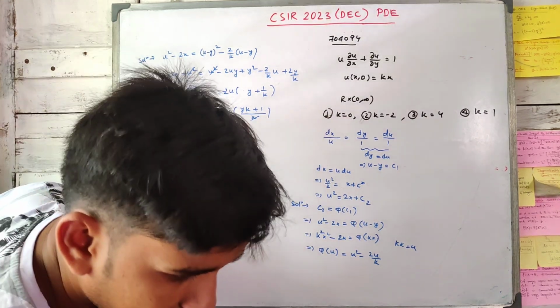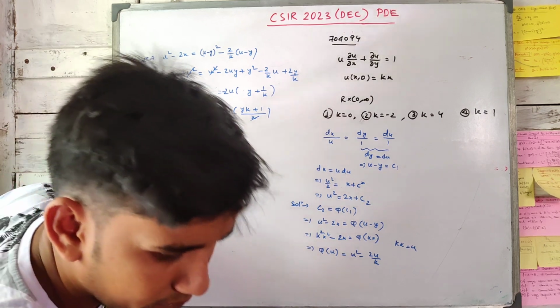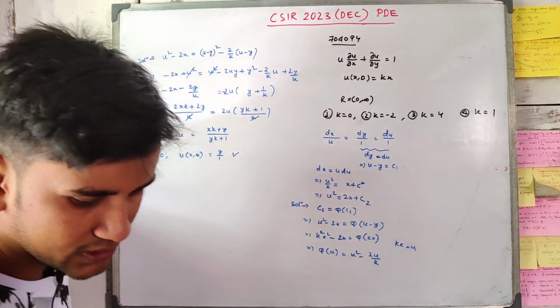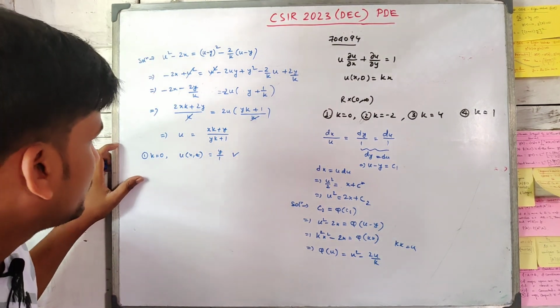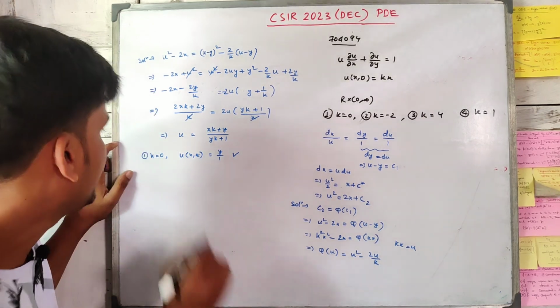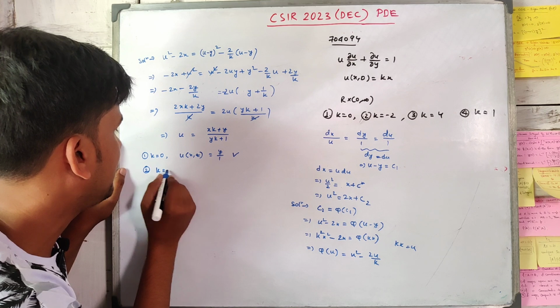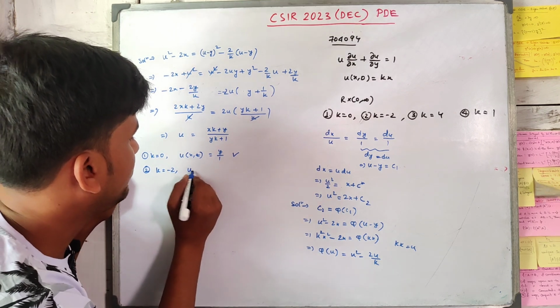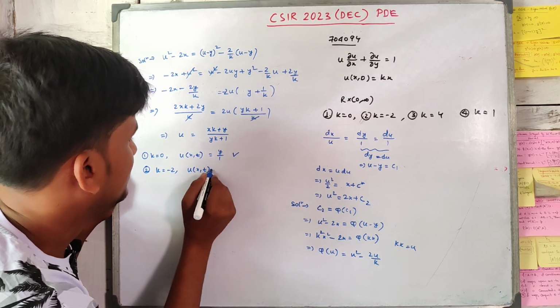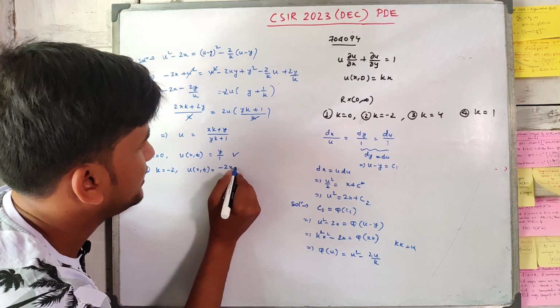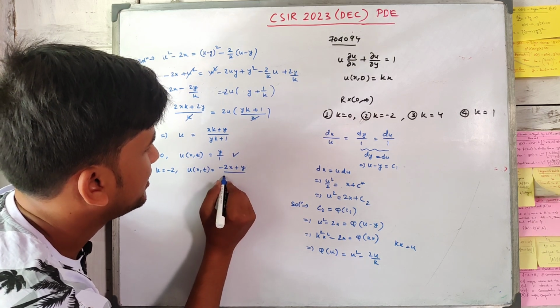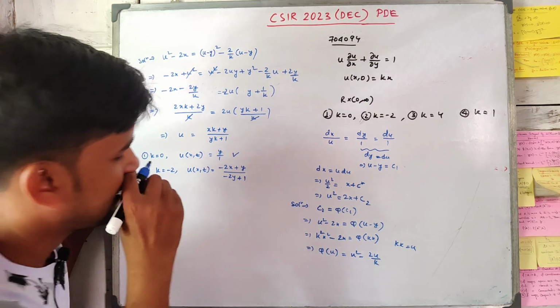Okay, we have to find the values of k such that the following problem has a solution. Now option 2, if k equal to minus 2, then the value of u(x, y) is equal to minus 2x plus y by minus 2y plus 1.